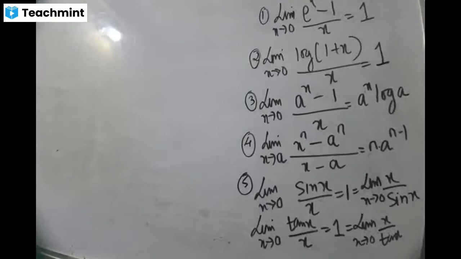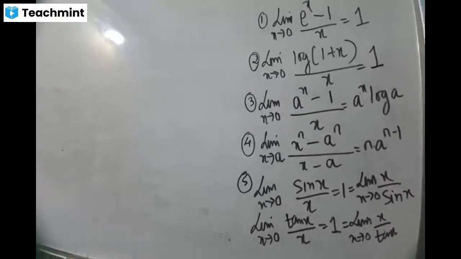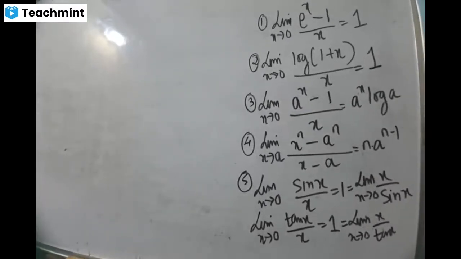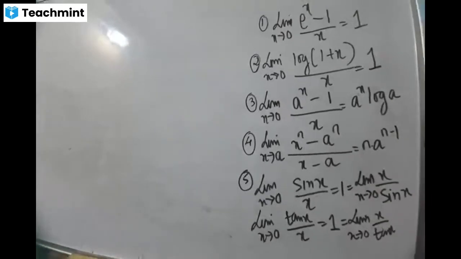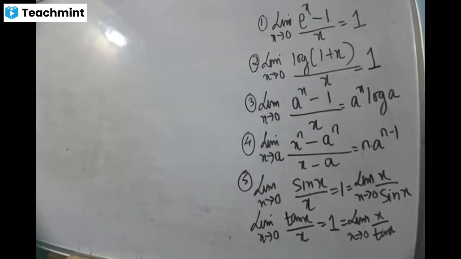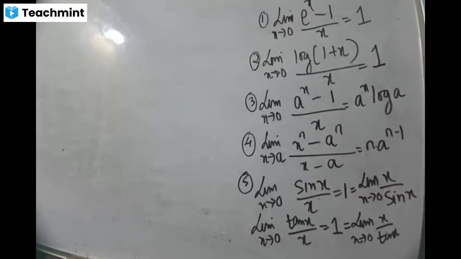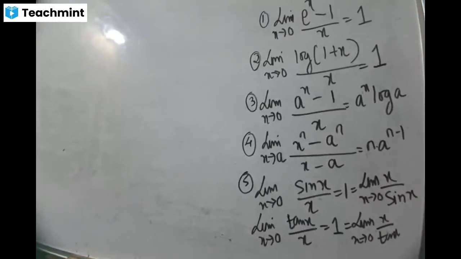Okay, so what you observe in these 5 properties is, to remove 0 from the denominator, we can take the help of these 5 properties because we know the direct result.